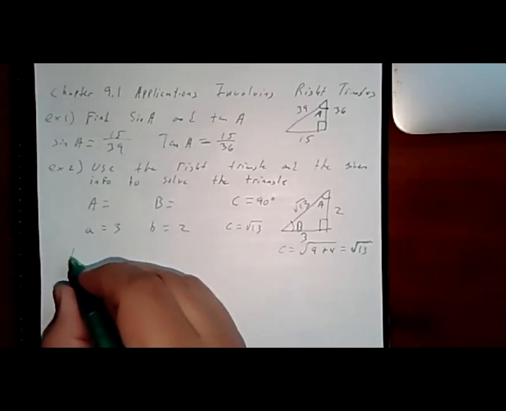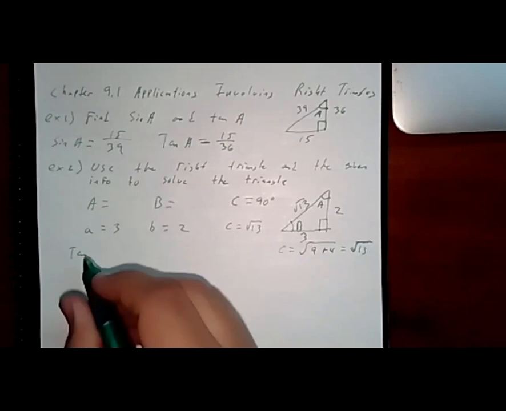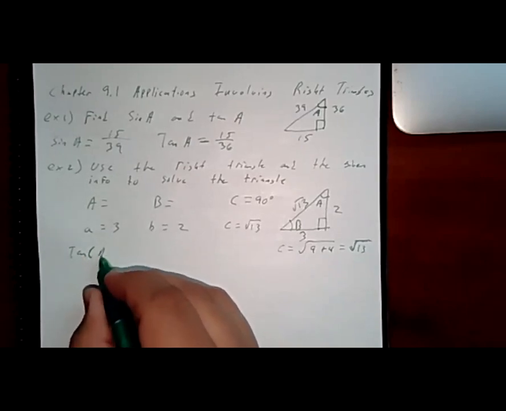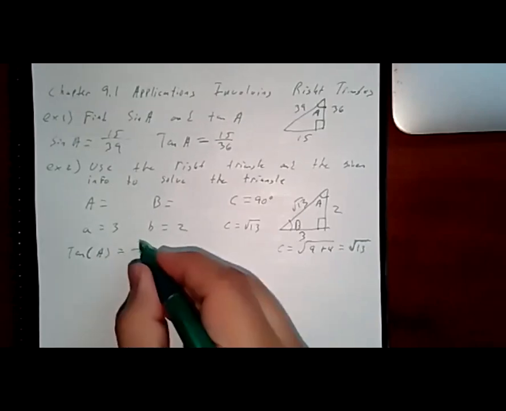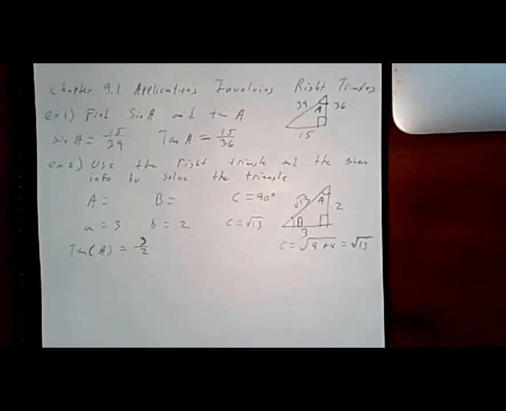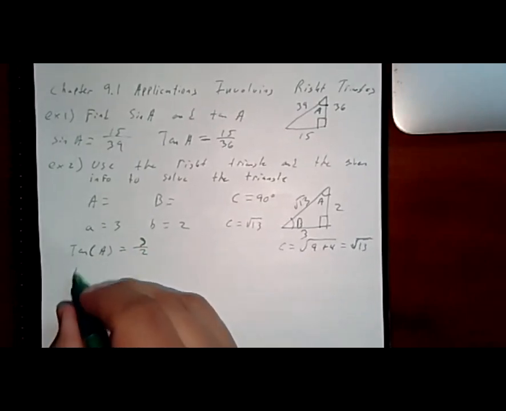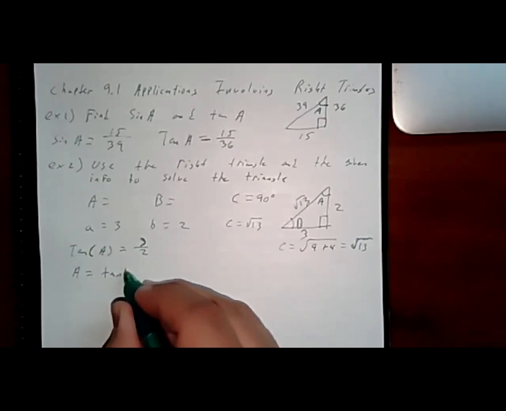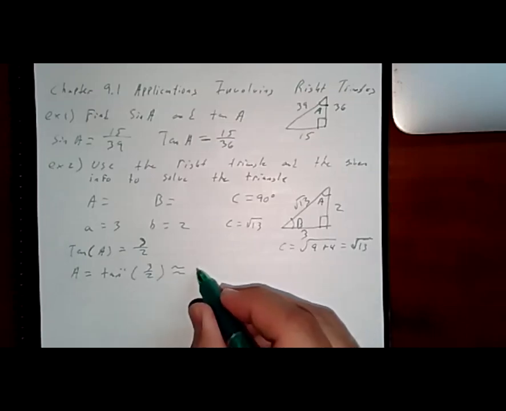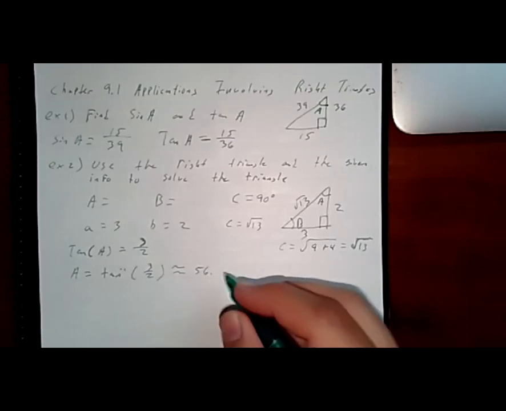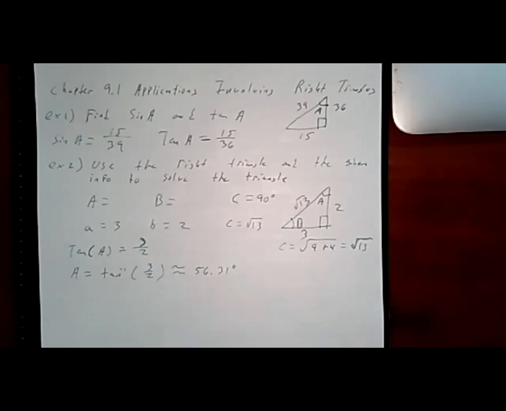So we know that tangent of A is equal to 3 over 2, correct? So that means that A is equal to tangent inverse of 3/2, which is about 56.31 degrees, according to the calculator.